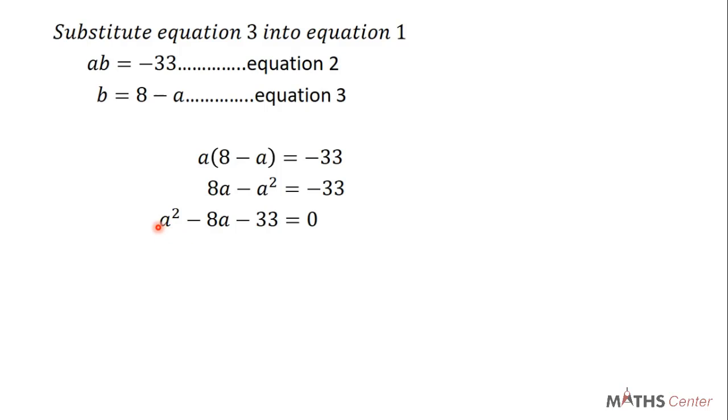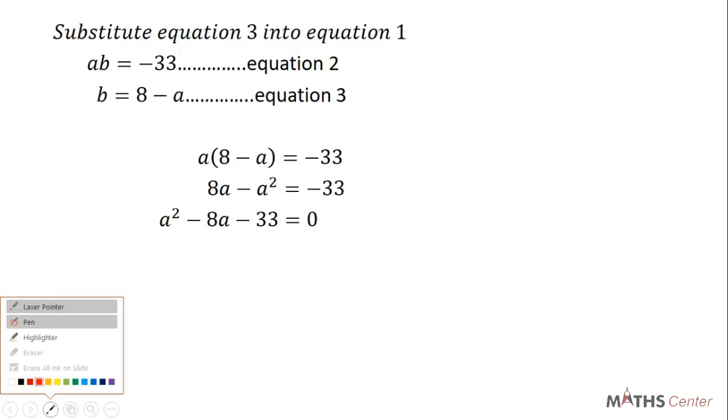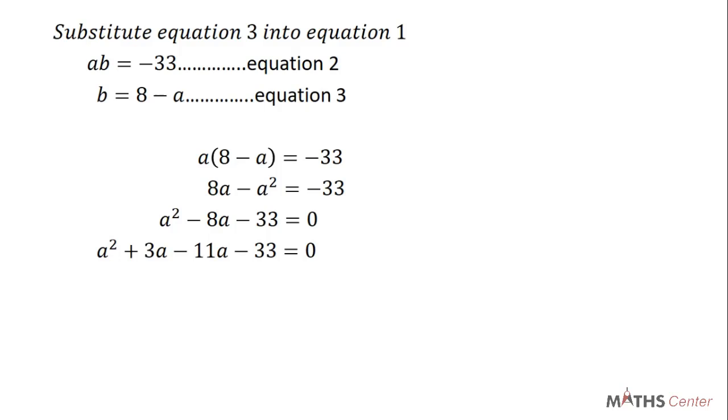So here you multiply the coefficient of A squared by negative 33. The coefficient of A squared is 1. If you multiply by negative 33, you are going to get negative 33. So we are looking for two numbers that when you multiply, you get negative 33, but when you add, you get negative 8, the coefficient of A. Those two numbers will be 3 and 11.